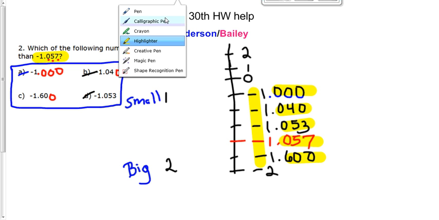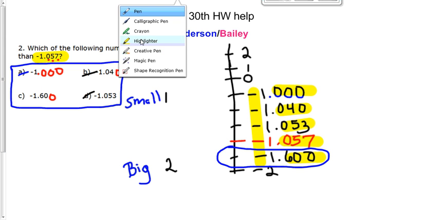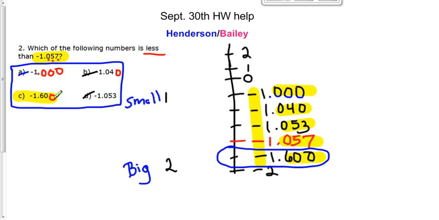And it wanted to know which one is less than. There is only one that is less than our problem. Here it is right here. So that would be choice C, negative 1 and 60 hundredths.